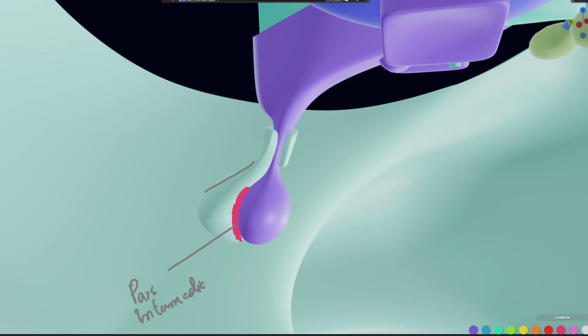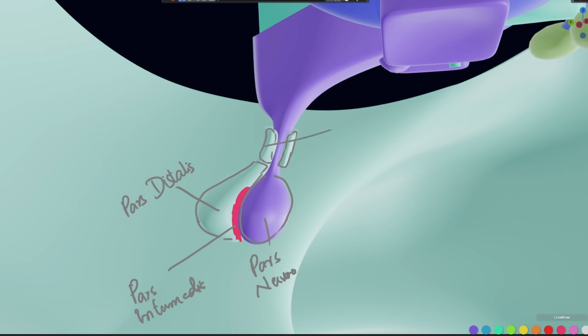This one is pars distalis, and this one is pars nervosa. This one is pars tuberalis.